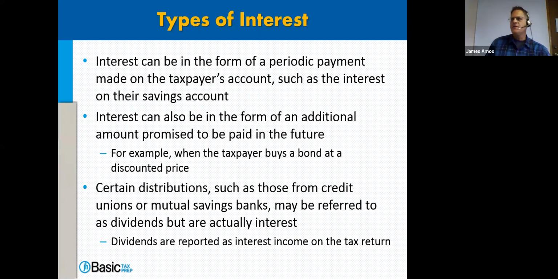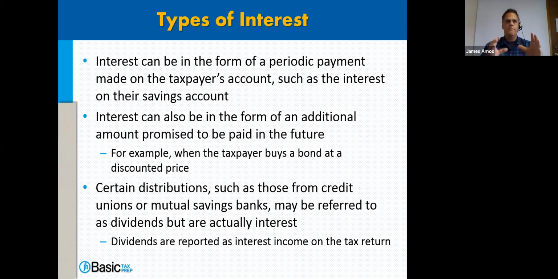Okay, so let's talk about types of interest. Interest can be in the form of a periodic payment that's made to an account, like an interest account or a savings account. Interest can also be in the form of an additional amount promised to be paid in the future. That's usually what happens when somebody buys bonds.